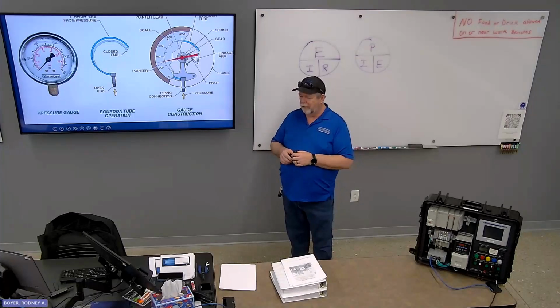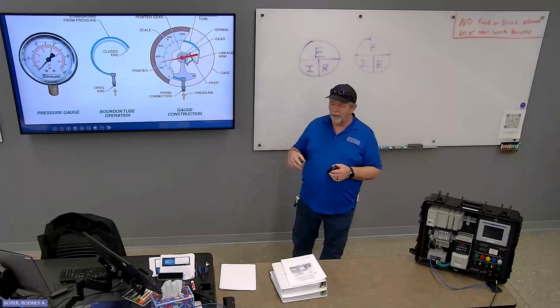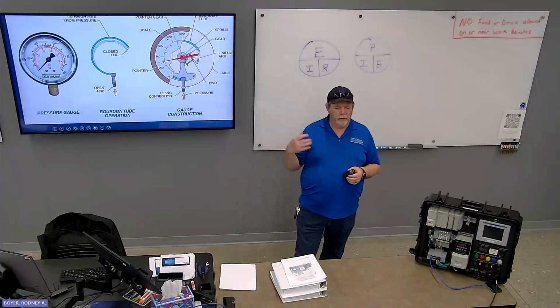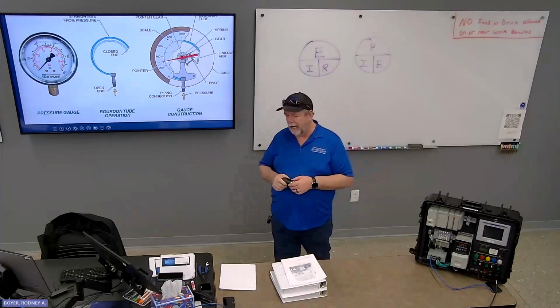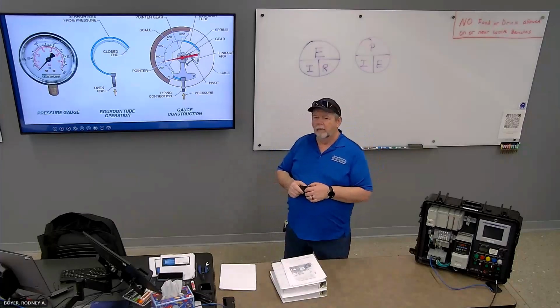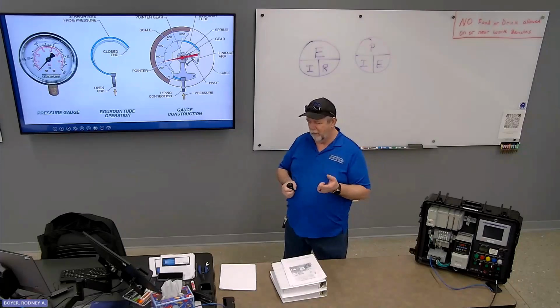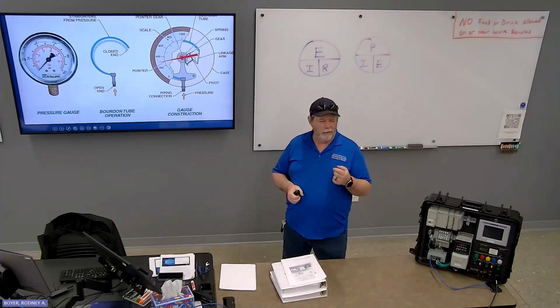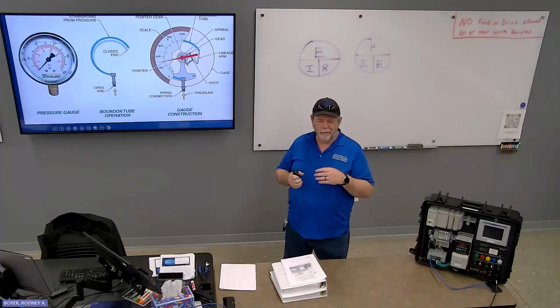Anyway, that tube is attached to a linkage arm and a gear, which causes the dial to move. And they are calibrated, you know, on what type of material the tube is made out of, how thick the walls are, and all that stuff. You can easily figure out how much pressure is going to cause what deflection on it.